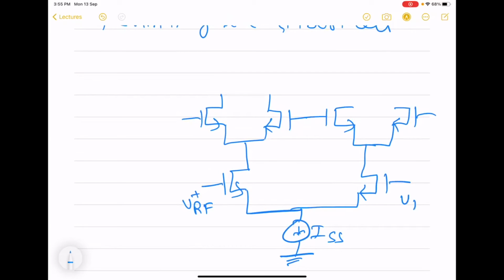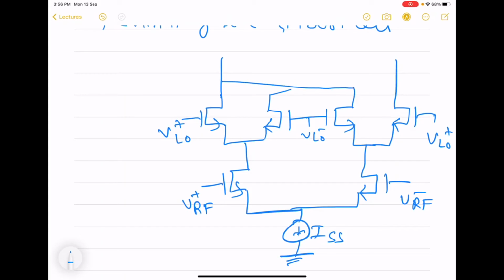So here we have VRF plus and VRF minus, VLO plus, VLO minus, VLO plus. Here. So this was I7 and this was I8, and the output quantity was difference of these two, where we had I1 here and I2 here.